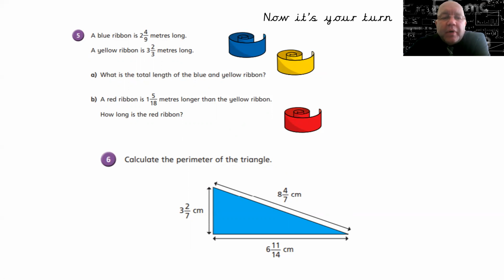Okay, so a little bit of addition will help you work out that one. And then finally, for 6, calculate the perimeter of this triangle. So remember, perimeter is the distance around a shape. Imagine if we had to put a fence around this field, how long would the fence be? So you simply need to add those 3 measurements. Remember, we need a common denominator. Okay, pause the video, have a go.